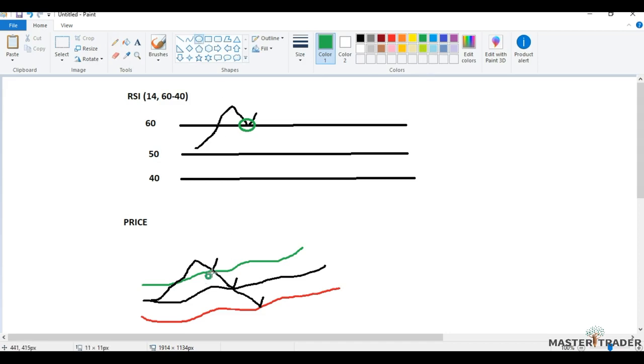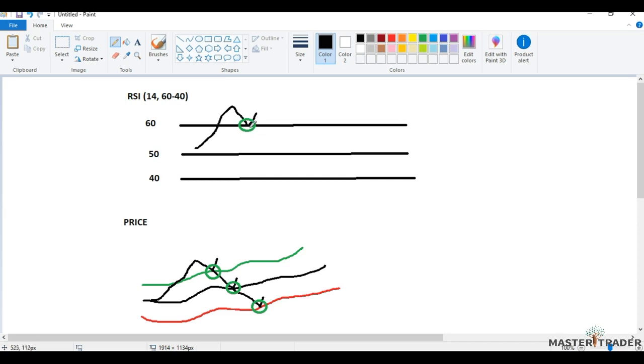So these are my 3 possibilities. If RSI is taking support like this, and you see price stopping at one of these bands, then that's a good indication to buy.